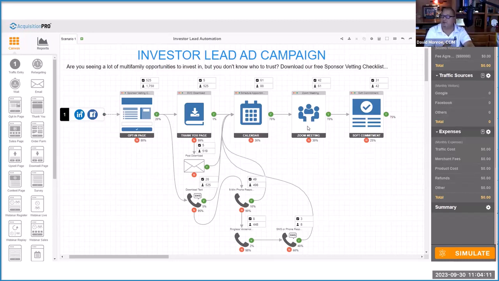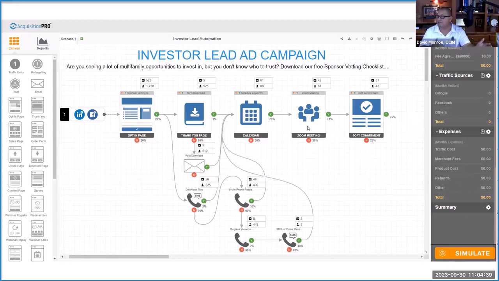The way to do it and use ads to get a larger number of investors quicker is by doing it this way, by letting them know that you have something that would be valuable to them. You're obviously targeting them because it says multifamily opportunities, and you're obviously targeting passive investors because you are saying download our sponsor vetting checklist.